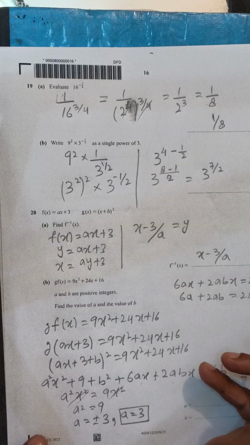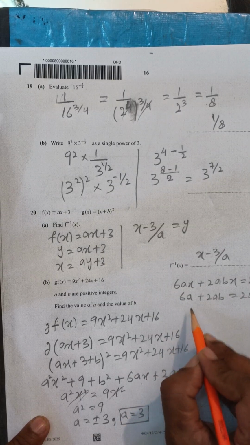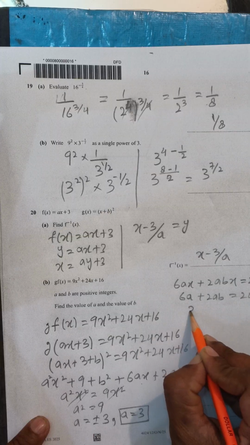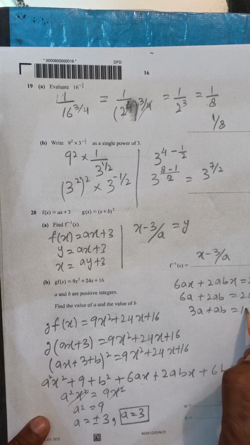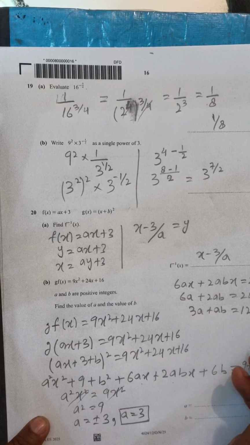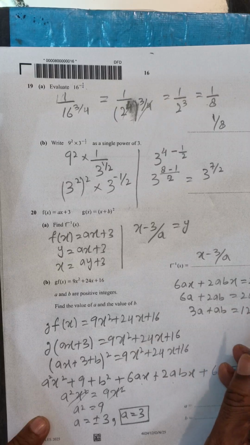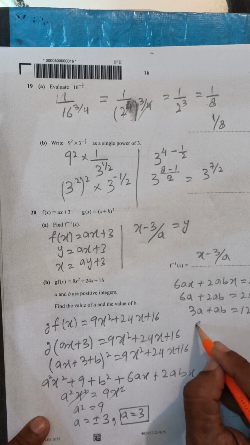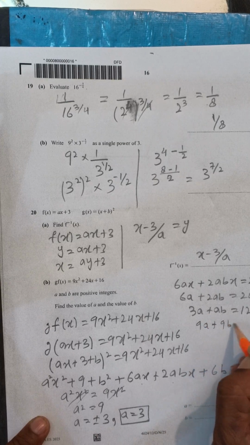So now we can solve this more. Just factor out the 2 here. 2 factor out, so that will be 3a plus ab equal to 12, and put the value of a here. So the value of a is 3, 3 3s are 9, plus 3b.